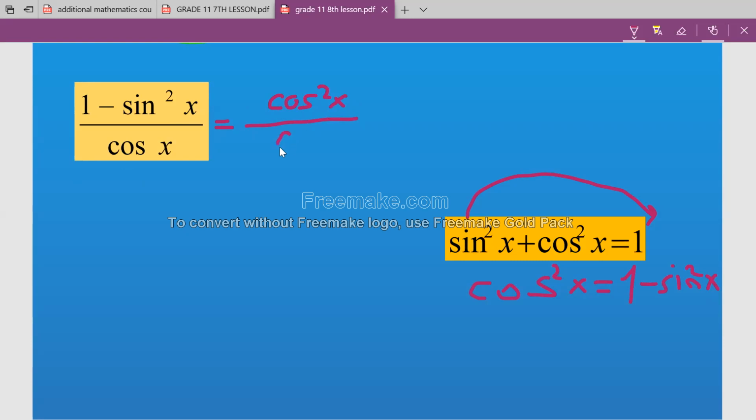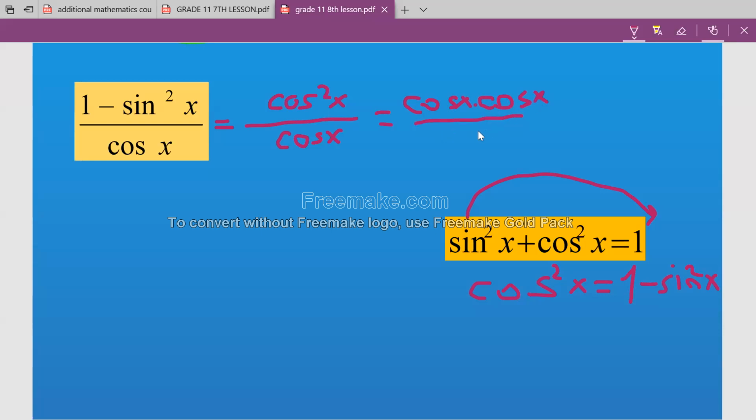So divide by cosine x. Cosine square x divided by cosine x, when you simplify, is cosine x, because cosine square x means cosine x times cosine x. So simplify by cosine x, and you will have only cosine x.